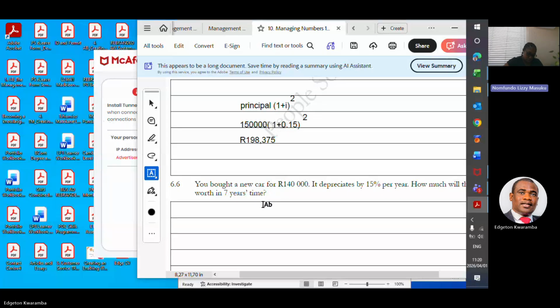I'm getting 0.85 to the power 7. It's a long number.